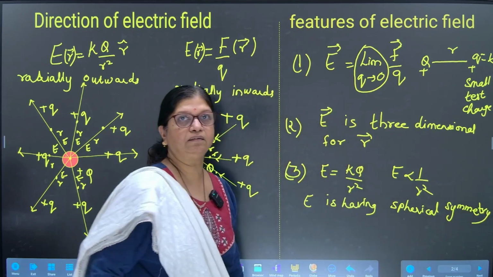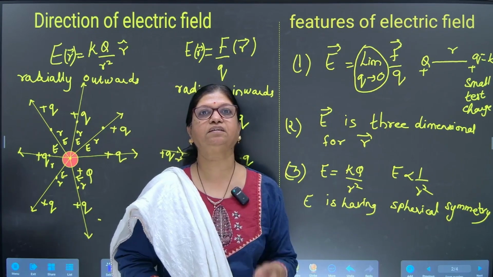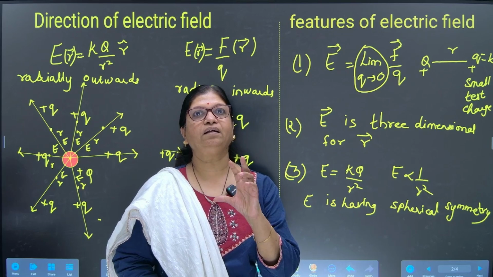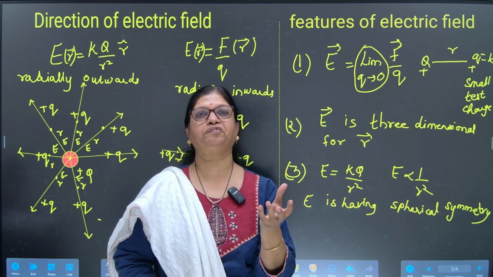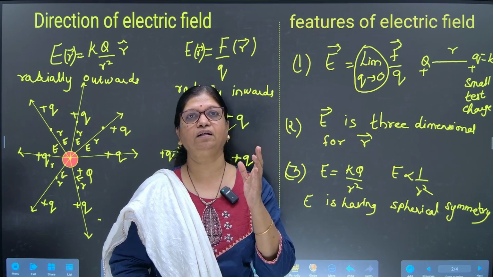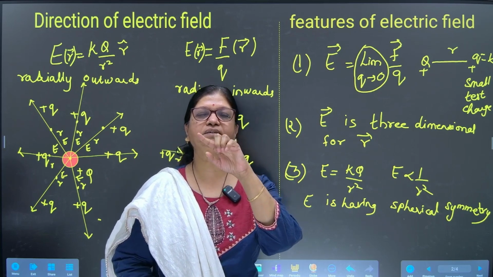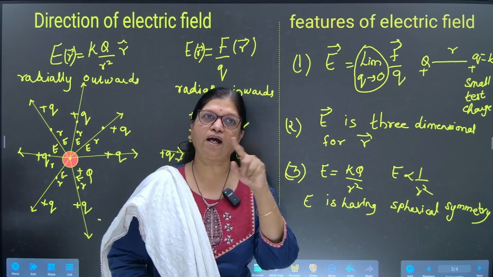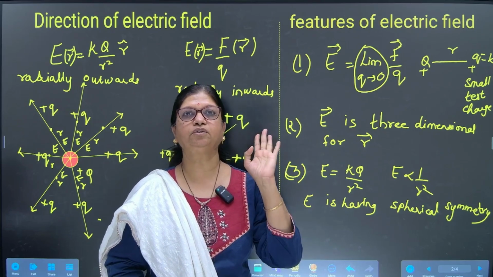What is the meaning? That if I consider the charge to be at the center of a sphere, then the value of the electric field will remain the same provided the sphere has the same radius around the source charge.